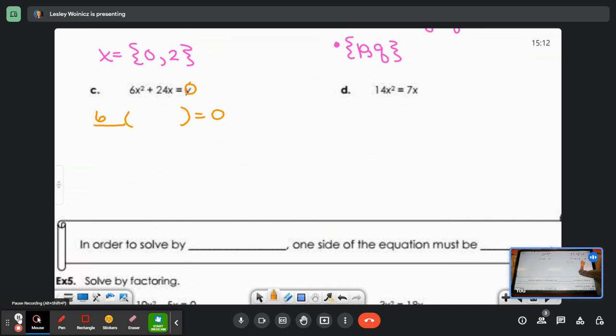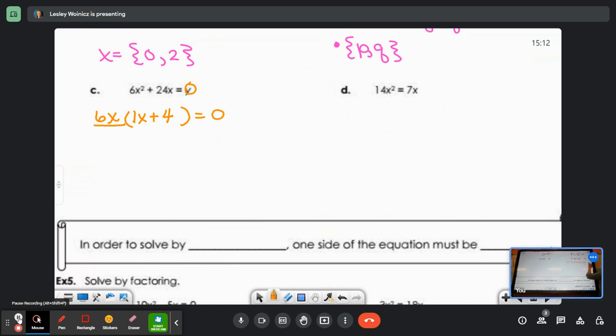X to the first can come out. Okay, now what's left? 6 divided by 6 is 1. X squared divided by x is x. Bring down the plus. 24 divided by 6 is 4. X divided by x, cancel.